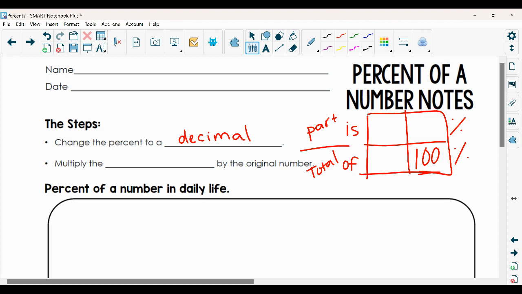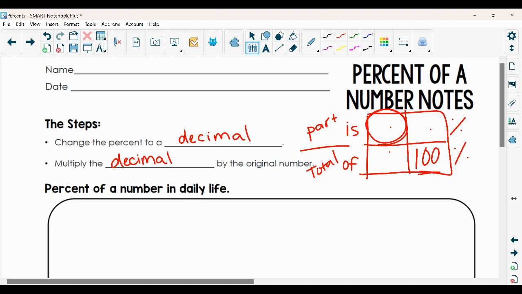All right, so you would change the percent to a decimal, and then you would multiply the decimal by the original number. That sounds real easy and great, but this only works when you're trying to find the is box. The percent box works when you're trying to find any one of those. It works for any of the boxes.